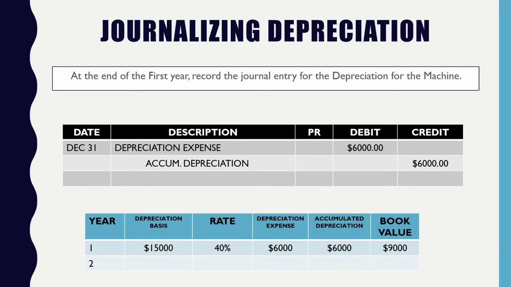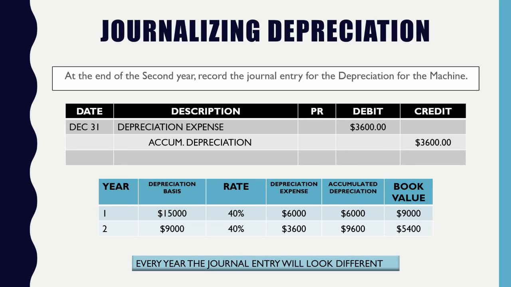Okay? So every year your journal is going to look different. Here's the journal for the second year, of course. It's going to be the same exact thing, except the depreciation expense, which we did solve from our table. We solved that it was going to be $3,600, and there you go.